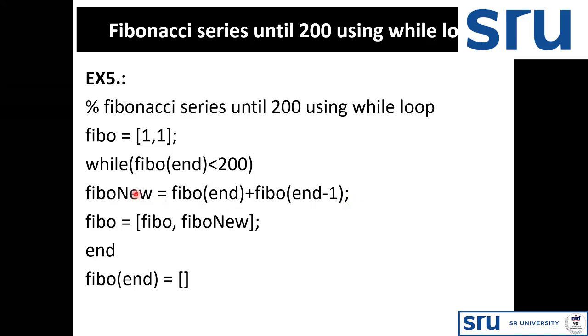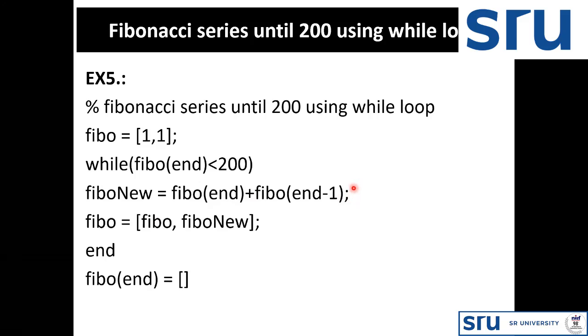Suppose you have to get the third term. So the third term will be equal to Fibo n, the number before that, plus Fibo n minus 1, because till now the third term is not obtained. So whatever the n number and the number previous to n, it will be the summation. So Fibo new is nothing but the n number plus the n minus 1 number.